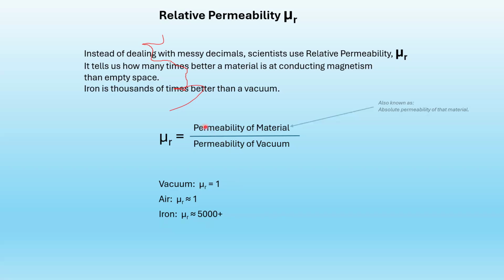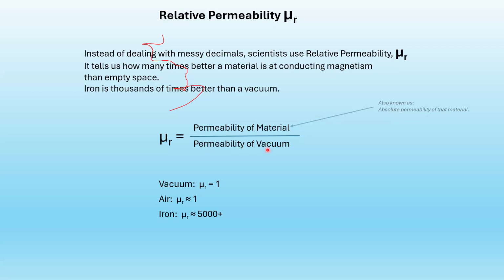And here's the permeability of a material, also known as the absolute permeability of the material, the real one. Real permeability as a number is going to be in henries per meter.